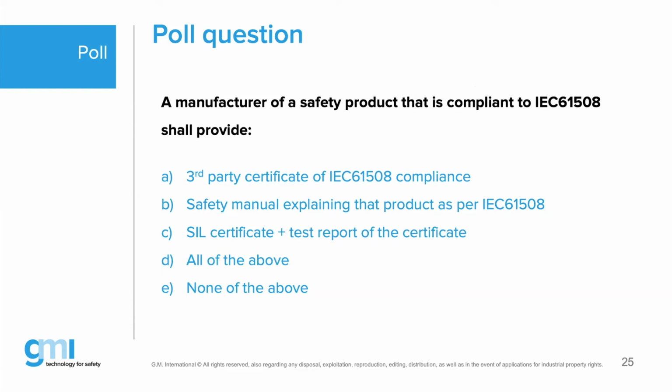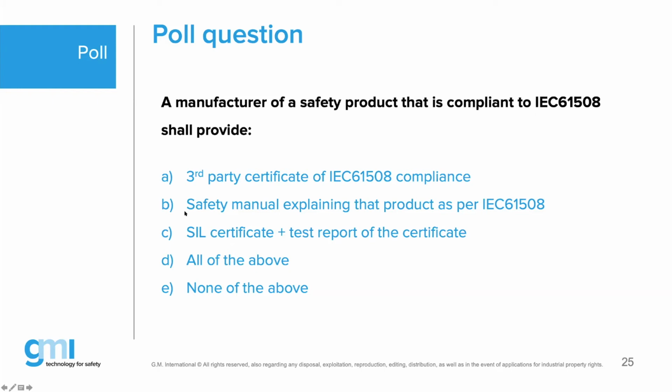Typically they go to a third-party independent authority, which makes a statement on behalf of the vendor that a specific product fulfills the 61508. But a manufacturer of a safety product is not obliged to provide you with a third-party certificate. He can make his own certificate, as some manufacturers do, and state our product is safe. Again, the IEC standard does not even know the word certificate. That's a whole different reason why we have certificates on the market.